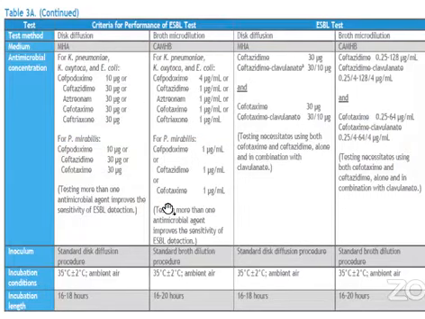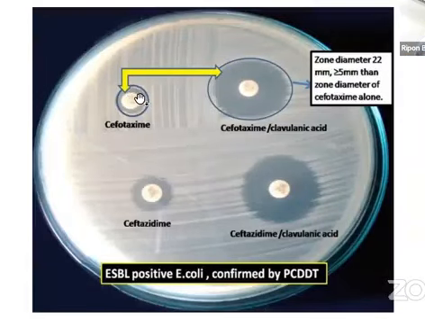Now, this CLSI guideline on ESBL-producing bacterial identification: we can see cefotaxime alone and in combination with clavulanic acid, ceftazidime alone and in combination with clavulanic acid.